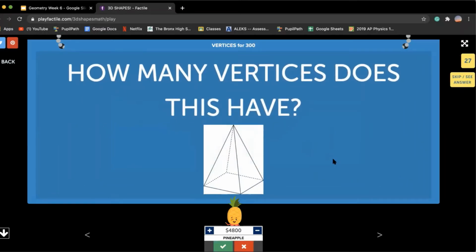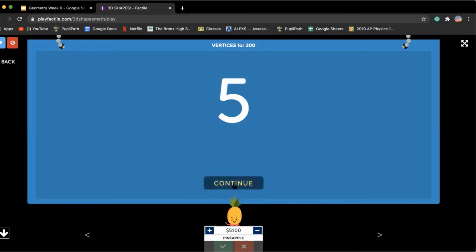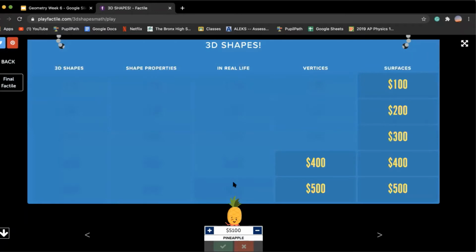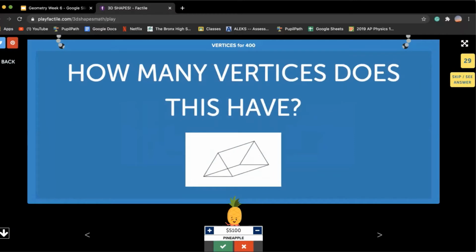How many vertices does this have? We could count them. Let me annotate. There's one over here, there's one over here, 3, 4, 5. How many vertices does this have?